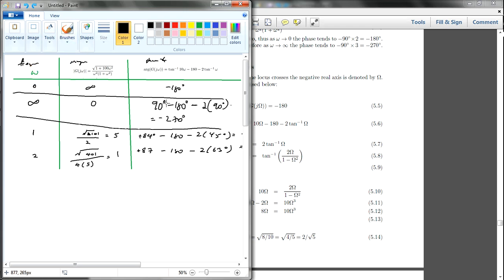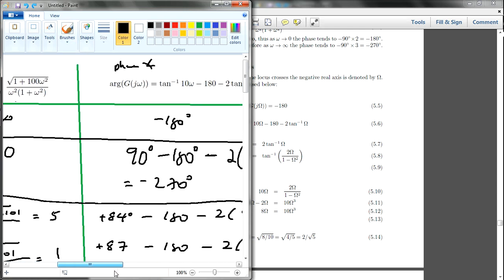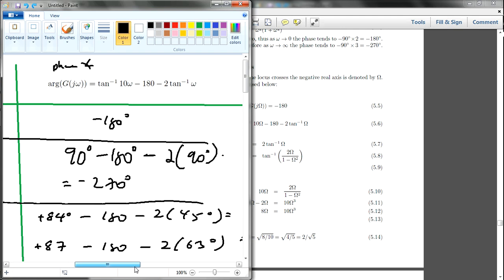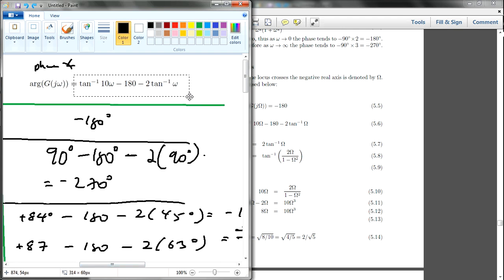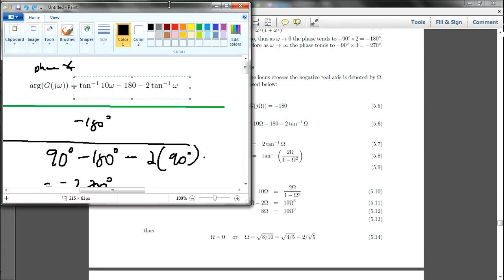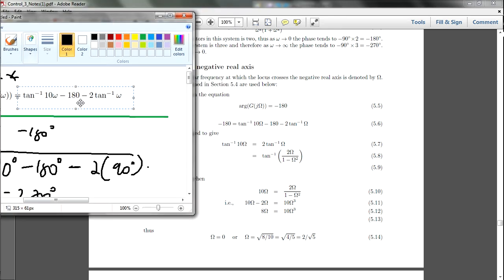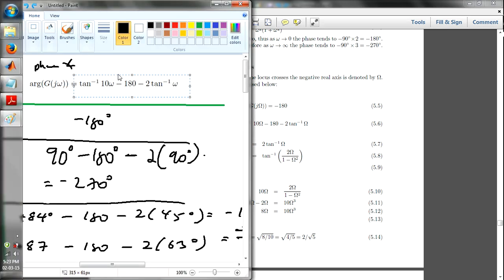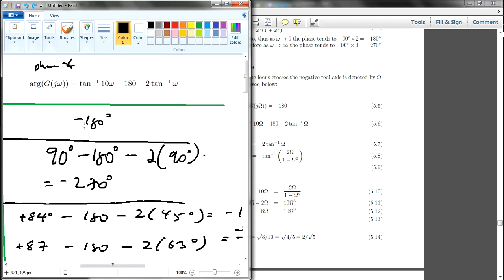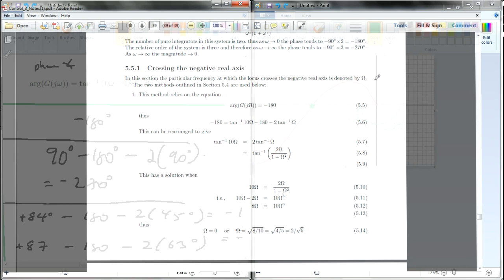As you can see, this is the phase angle. It's the same thing that I've said earlier, just the omega is different. In this case they put capital omega, but it's the same equation. So when it's negative 180 degrees, you know that you have something.